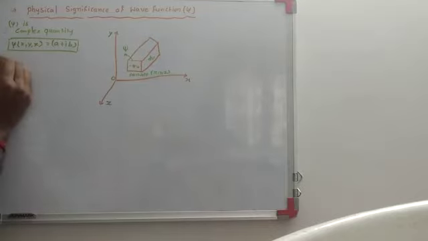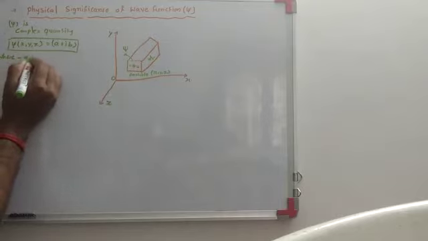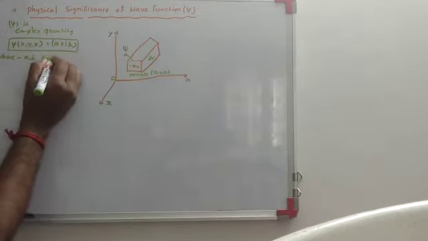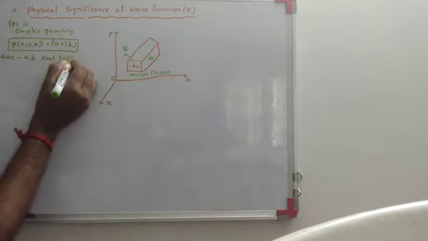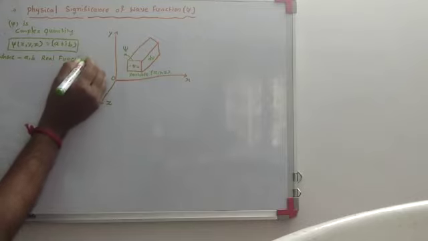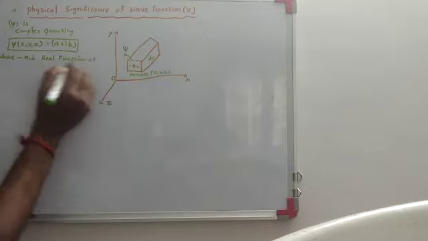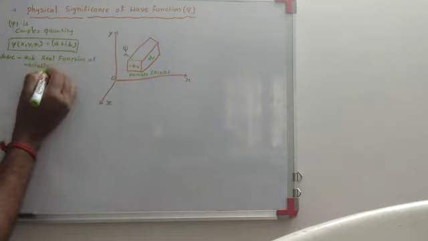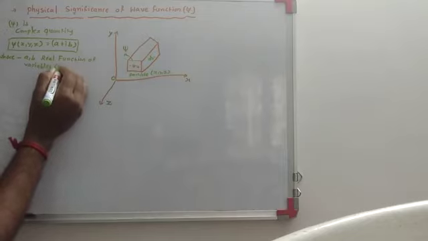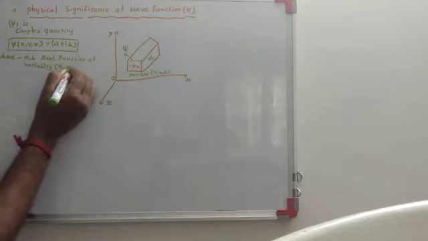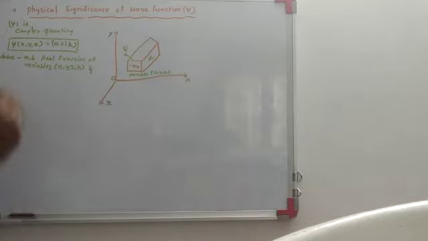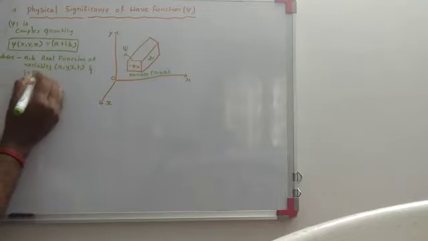Here a, b are real functions of the variables x, y, z, t, and i equal to the root of -1.